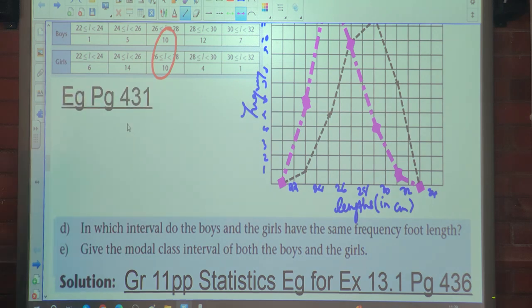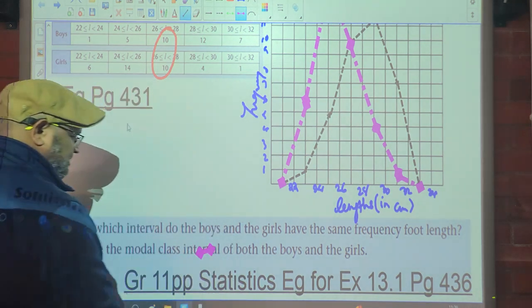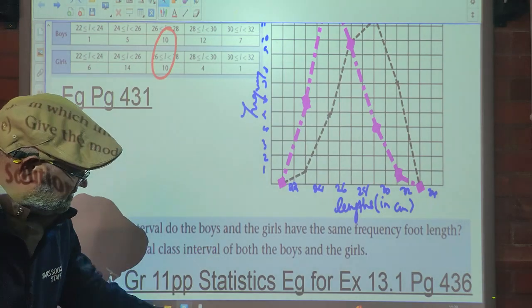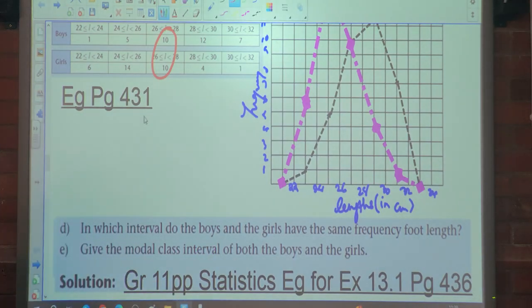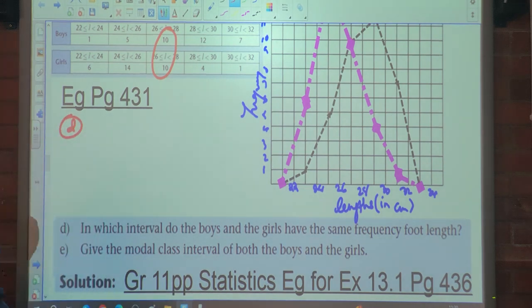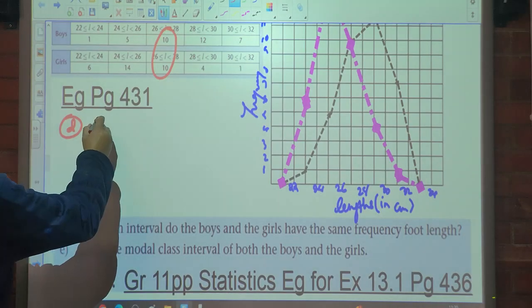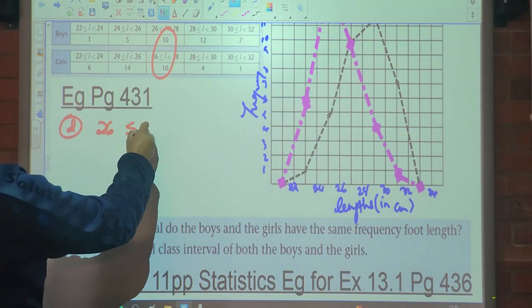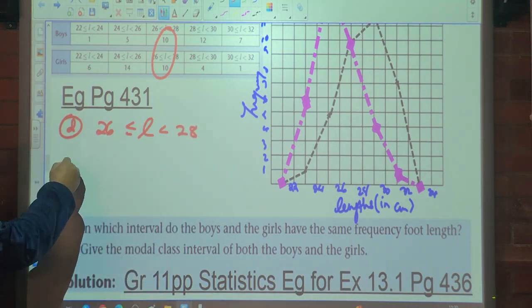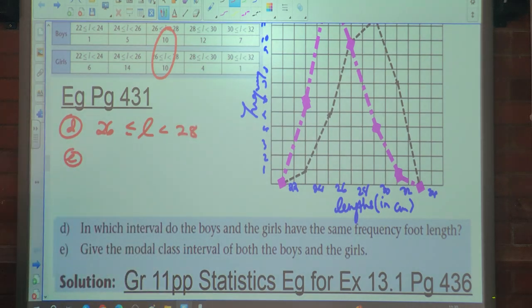Okay, but anyway, D. Alright, so here we are now told in which class or which interval do boys and girls have the same frequency foot length. We spoke about it. 26 and 28. E. Give the modal class interval for both boys and girls.